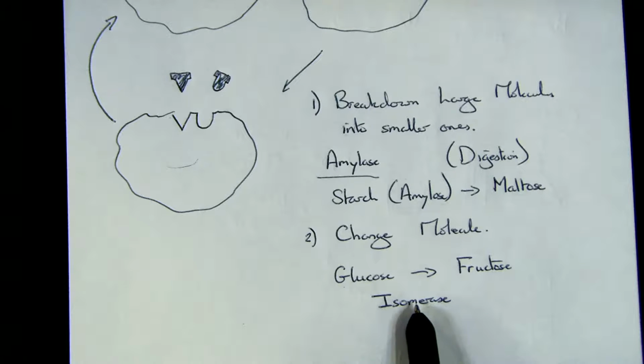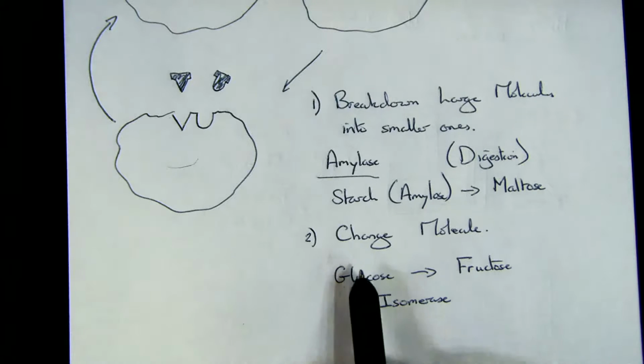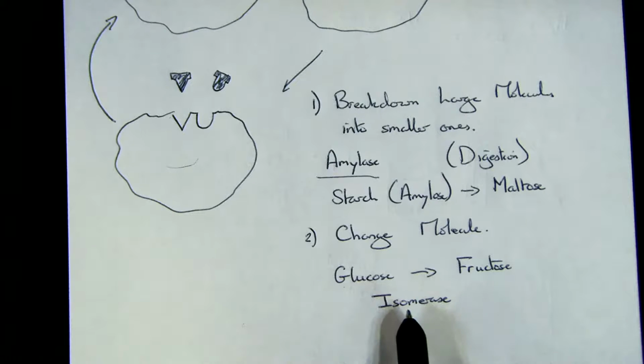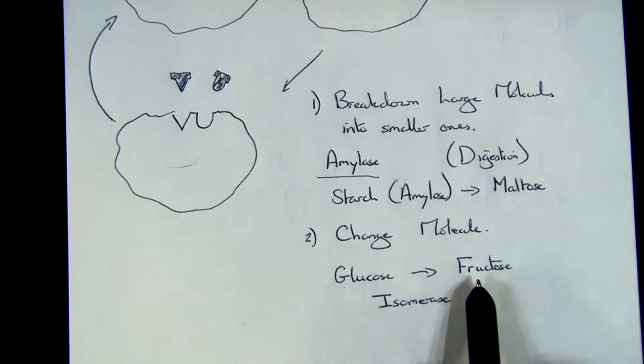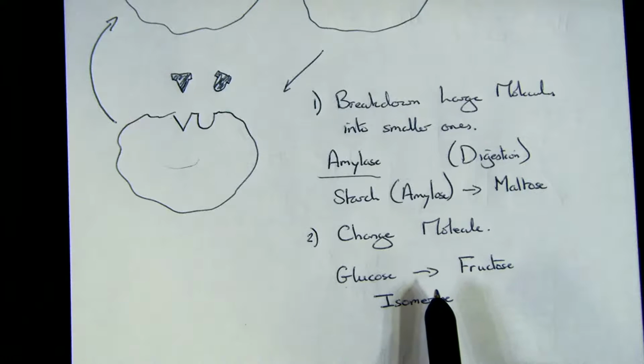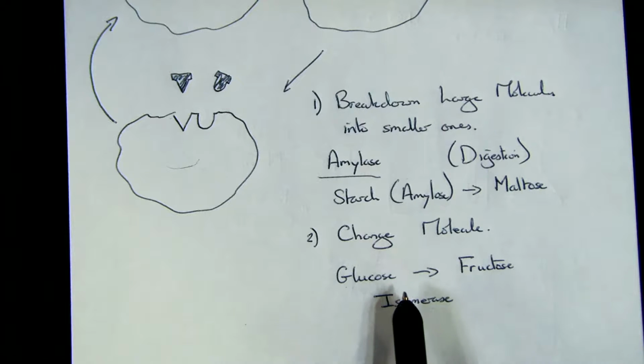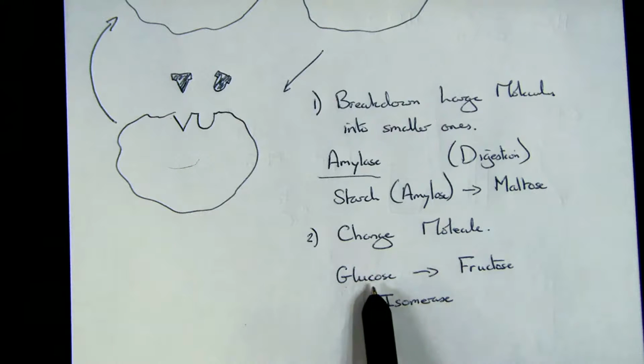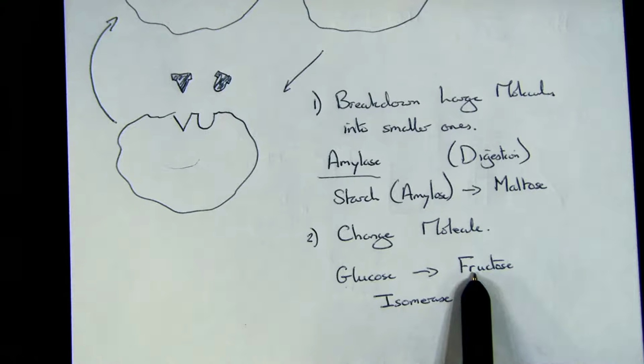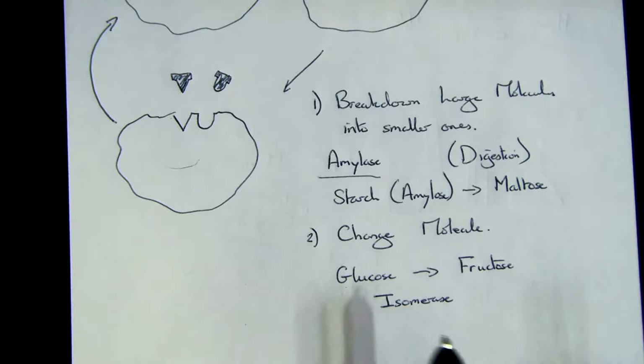If you've got some enzyme isomerase, then you can take glucose and add this enzyme and make fructose. And this is done industrially to change cheap glucose into expensive fructose. It's also used in your body.